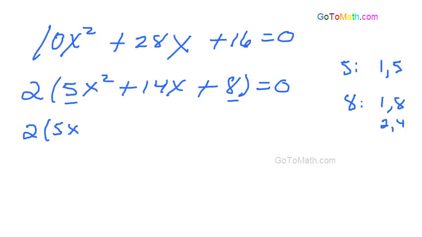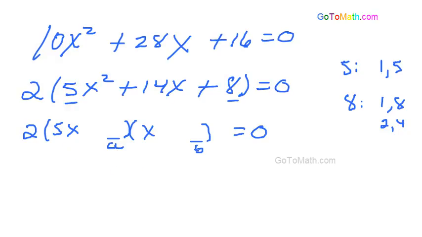So really the only possibilities on this coefficient are a 5 and a 1. We're going to let this be A, and we'll let this one be B. How's that?